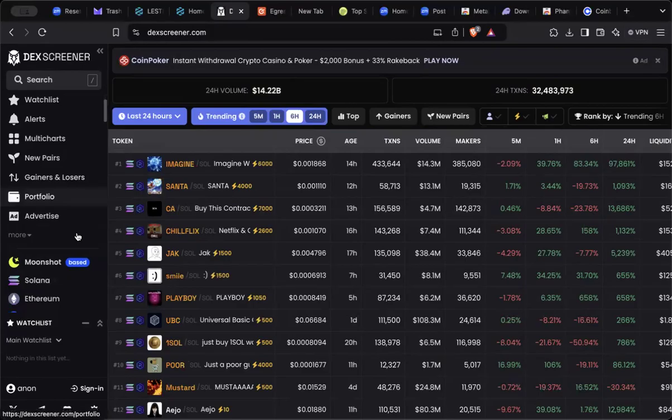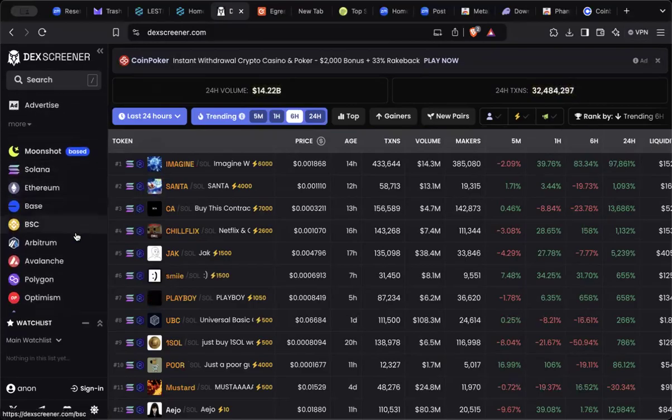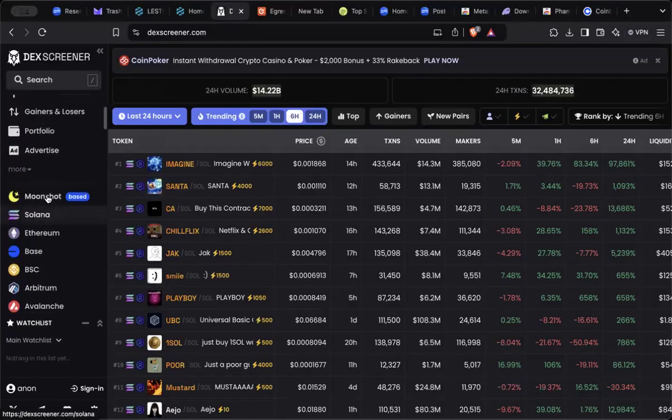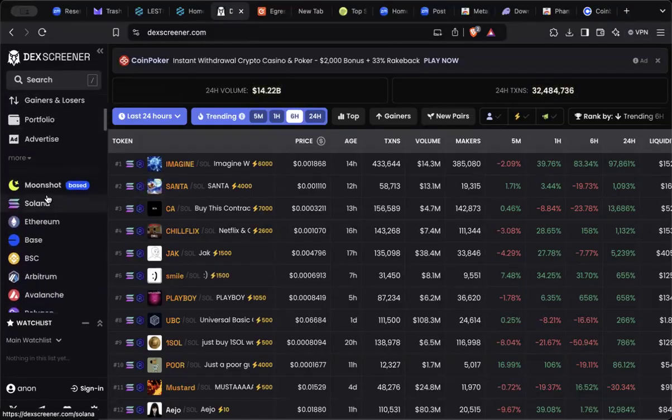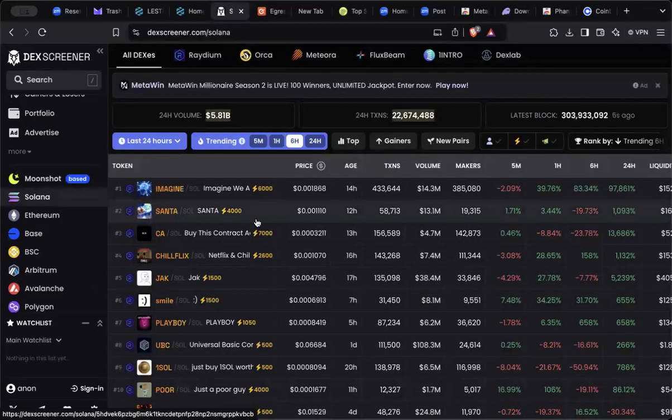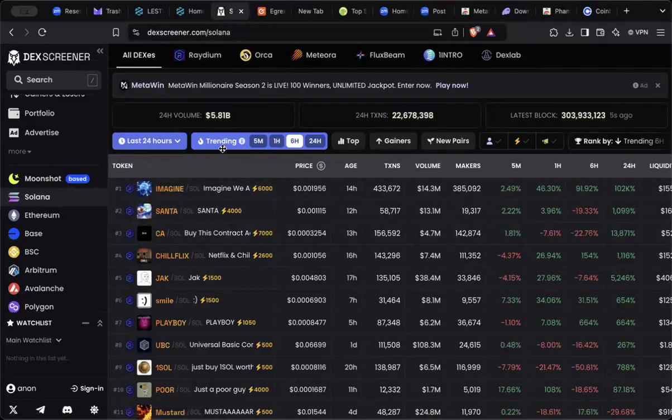Once again, if you go to your left-hand side and see this tab, it has all the different ecosystems, going to Solana. On here, if you look at the top, this is what's been going on in the last 24 hours, and this is what's been trending in the last 6 hours.